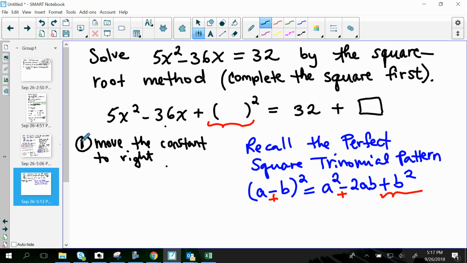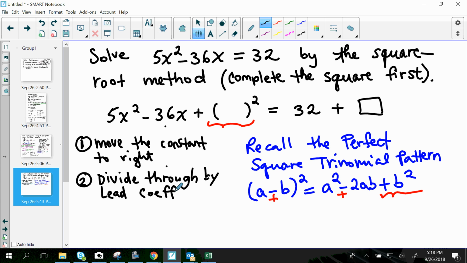It's already done. The next step would be to divide through by the lead coefficient, because we want our x squared term to have a coefficient of 1 before we get into the actual completing of the square step.